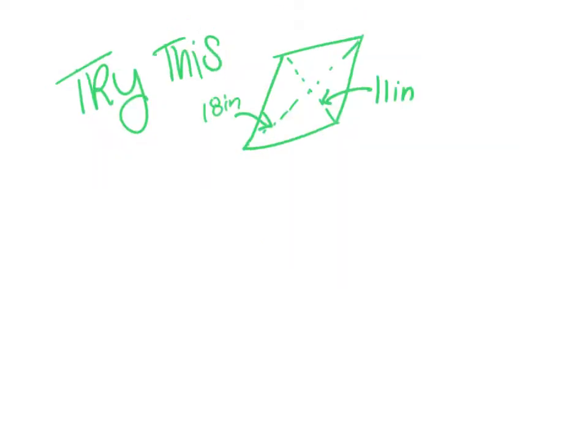Okay, let's try this rhombus. Again, I'm going to be writing down my formula because I'm using that every time I work on a geometry problem. Again, I have area equals 1/2 times diagonal 1 times diagonal 2. And I'm just going to go ahead and label these. My 11 inches is my diagonal 1, and my 18 inches is diagonal 2.